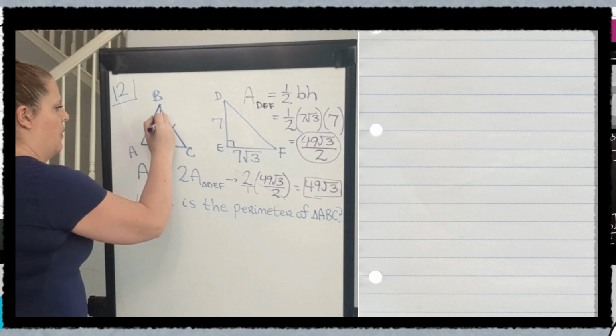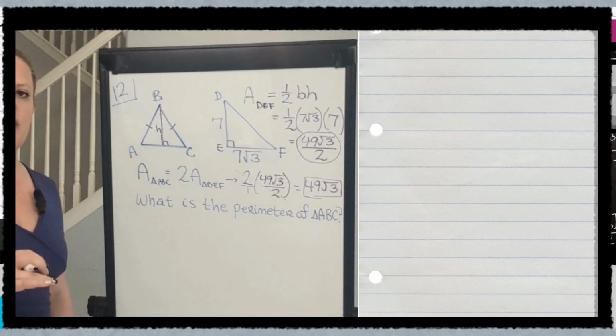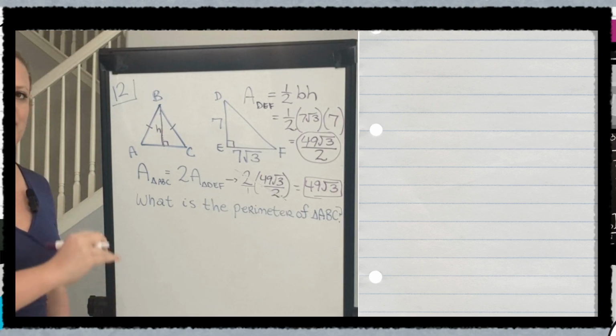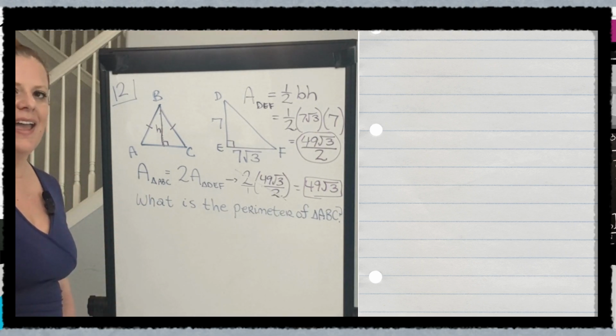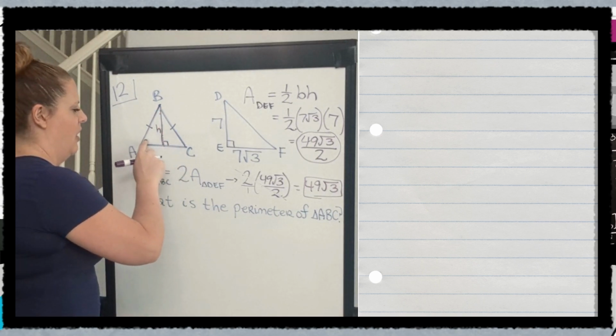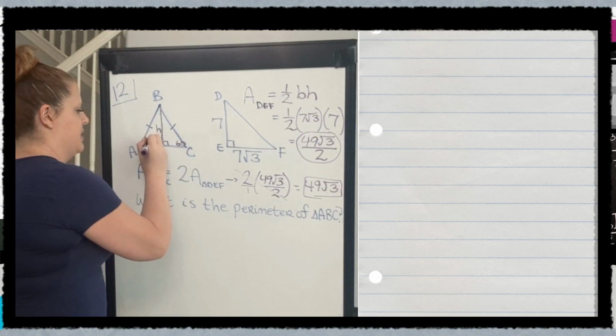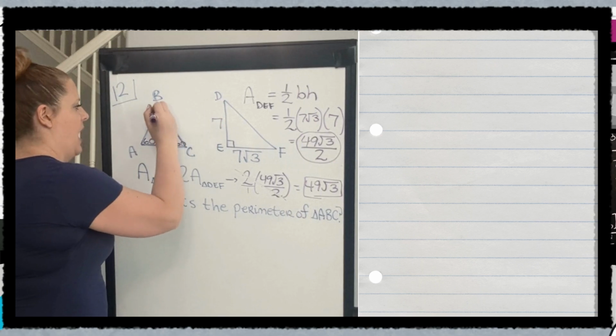Okay, that's our H. Another important thing here, if this is equilateral, it is also equiangular. So each angle on an equilateral triangle is always 60. They have to be the same as each other, and they have to add up to 180.